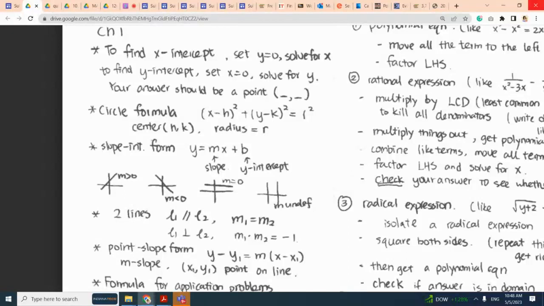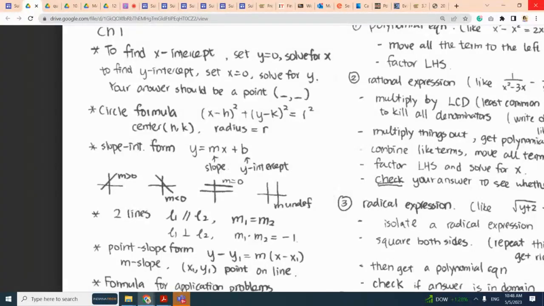Okay, so have the picture in your mind, and then you understand it, then you can write down the formula. Why is it the square root? Because it's Pythagorean theorem, and you want to solve for d, that's why you take the square root of both sides. You get d. It's the square root of that.